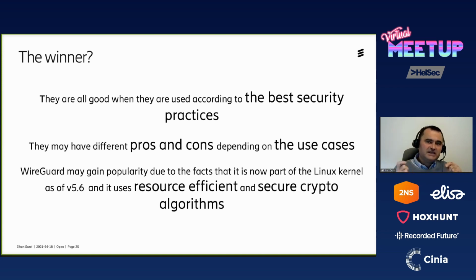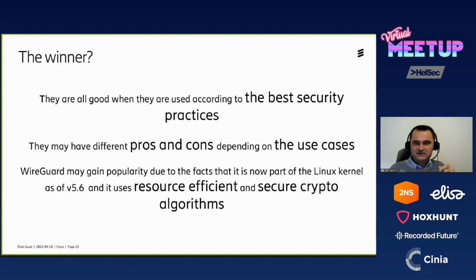But anyway, they can all be good as long as they are used according to the best security practice. They may have different pros and cons depending on the use case. Some protocols may fit better to certain use cases, and some of them don't.